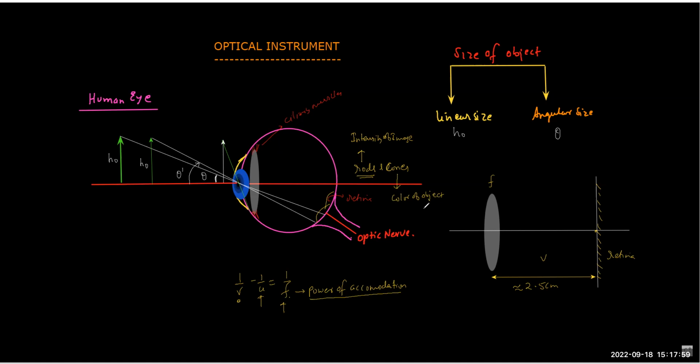The color of the object is a function of the frequency of light. Color is of course not a function of wavelength, it is only a function of frequency. It means how many waves you receive per second. That is the whole idea of the color of the object.